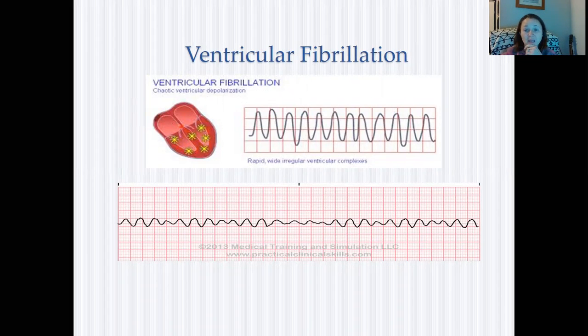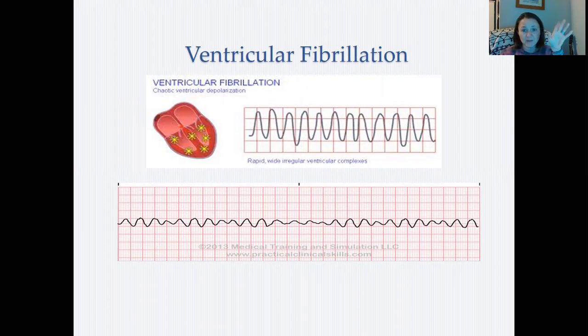Now let's flip your minds back to the last presentation, when we talked about AFib and A-flutter. Do you remember that AFib, atrial fibrillation, was disorganized chaos in the atrium, and nothing organized? This is the same thing, but it's in the ventricles.